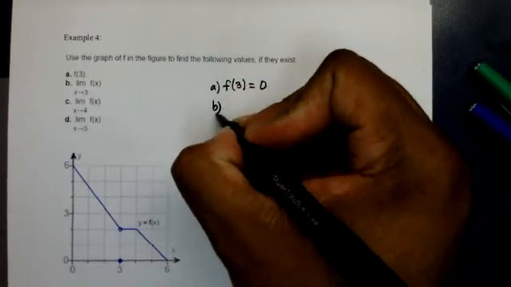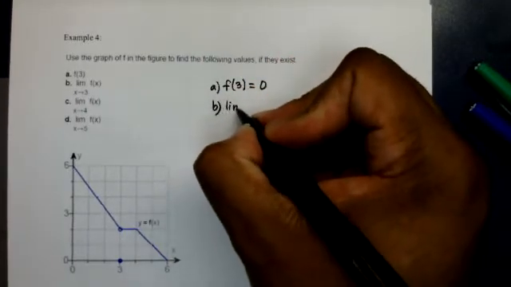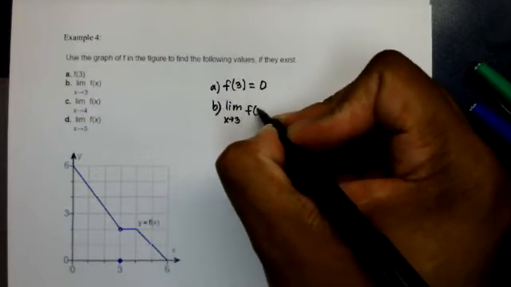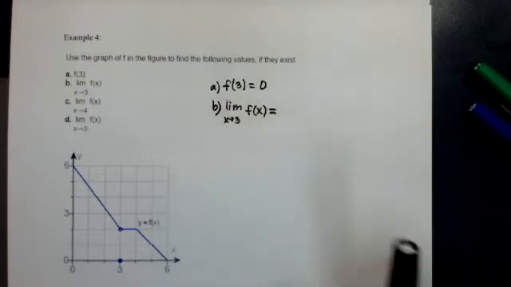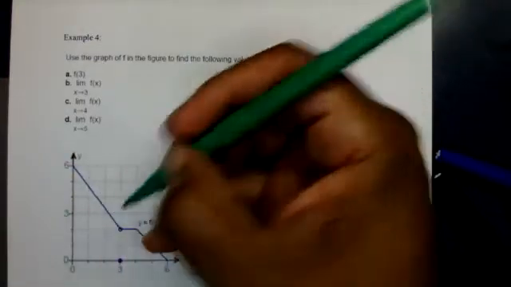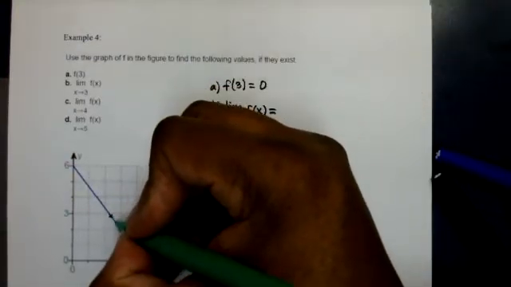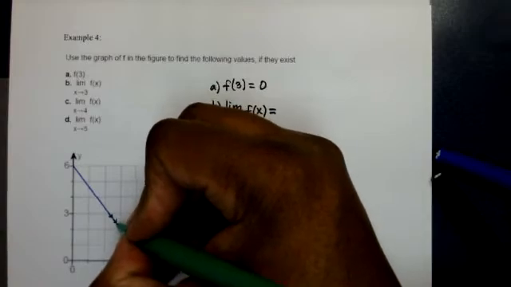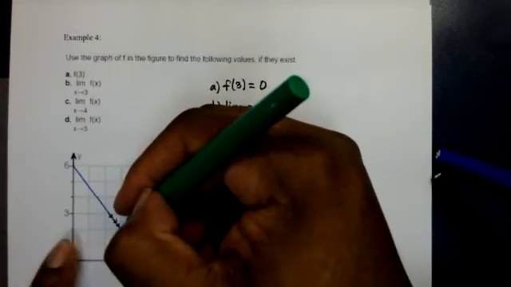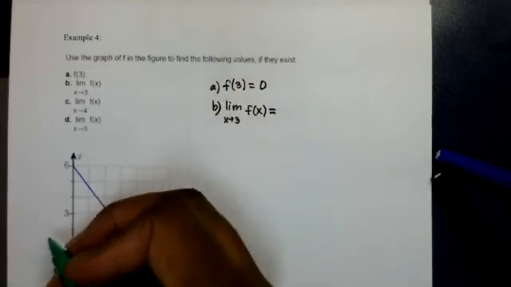Part B. Let's take the limit as x approaches 3 of the function f of x. So looking at this graph, as we let x approach 3 from the left side, it gets closer and closer to this y value of 2.